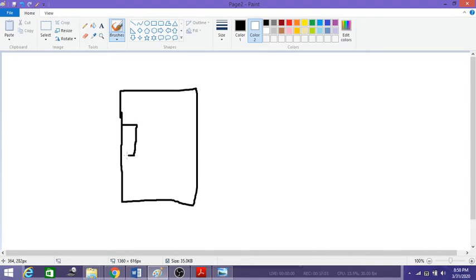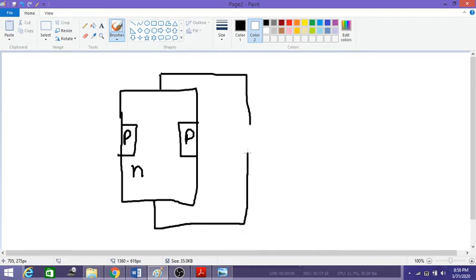So this is an n-channel JFET. These are both p-type materials which are diffused. This is N, so this is source and drain. The condition which we have taken before is for VGS equal to 0. Now we will discuss the second condition. This is your gate, this is your source, this is your drain.